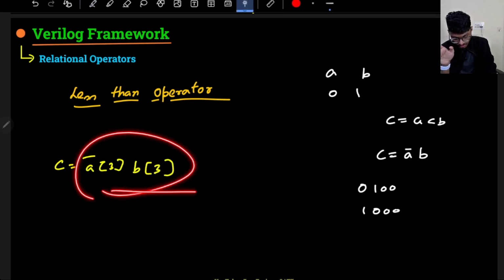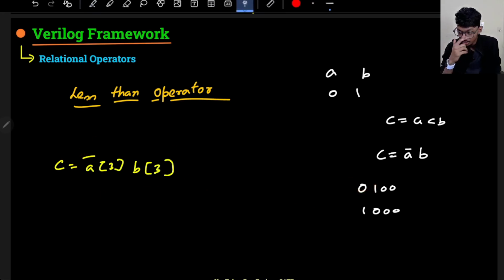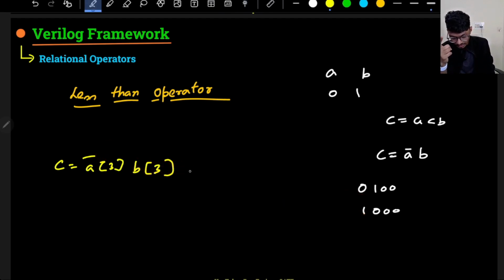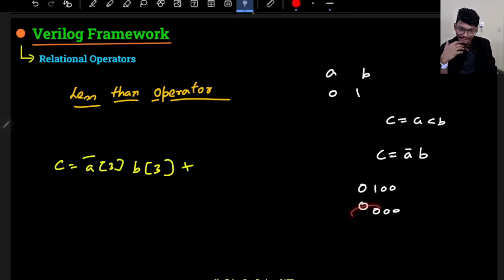It will check whether the MSB is lower than the MSB of the other number. So if I do A bar, this will be 1 and this will be 1. It evaluates 1, so I don't need to evaluate anything else after this. But if they are equal, then I need to again move on to the next bit. Similar pattern as we have solved in the previous greater than operator. So now I will just write the expression, okay.